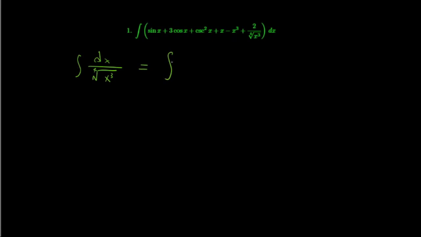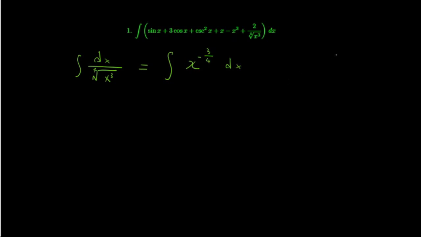We have dx in here. The function is 1 over the fourth root of x cubed. Converting the function to the form of a power function, we have x to the power of negative 3/4, I believe. Now we can use the power rule.